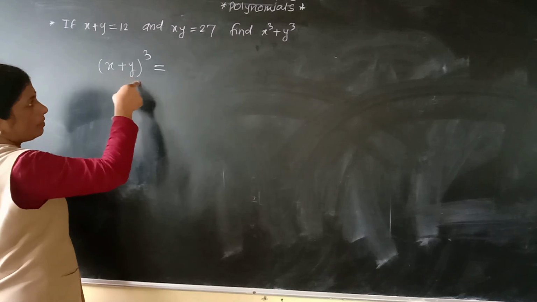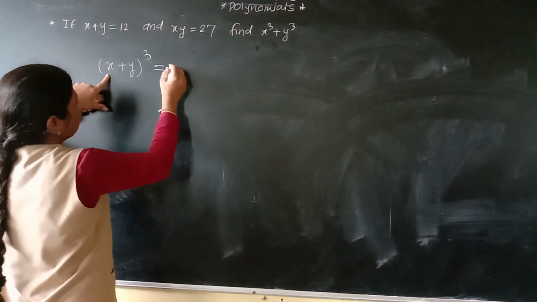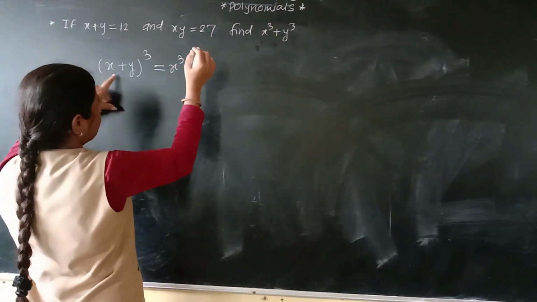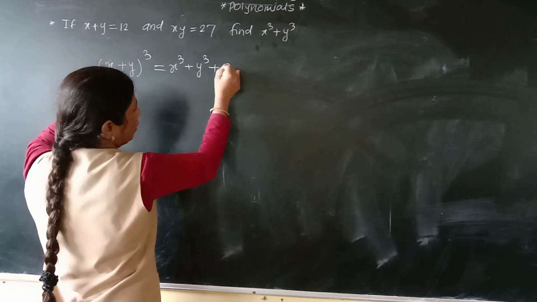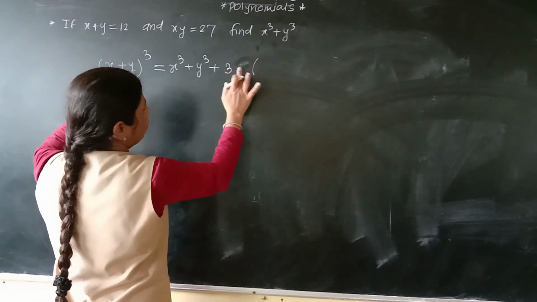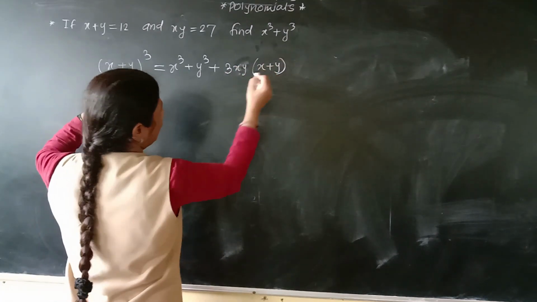So what is (x plus y) bracket cube? Means (a plus b) bracket cube identity, that is a cube, a cube means x cube, plus y cube plus 3ab in bracket, means here 3xy in bracket (x plus y).